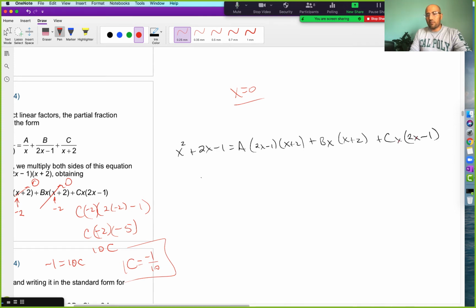be 0, then this whole term is going to become 0. Right? We'll end up with 0 times -1, which is 0. And if we let x be 0, here we'll end up with a positive 2 times 0, so this whole term will go away. And then over on the left-hand side, we'll end up with 0 squared plus 2 times 0.